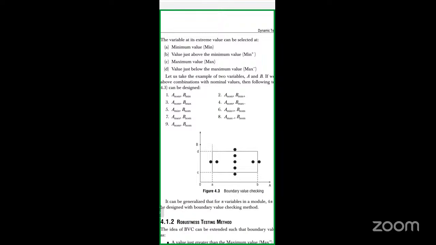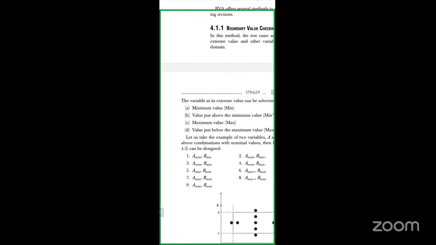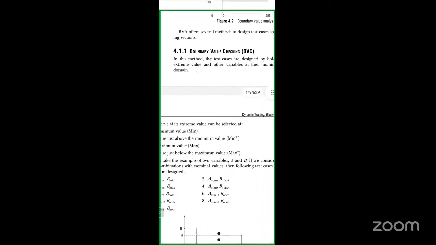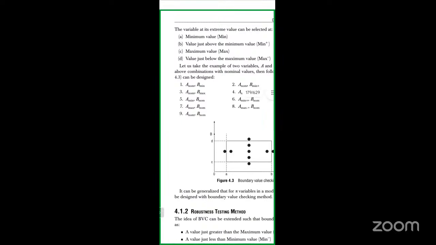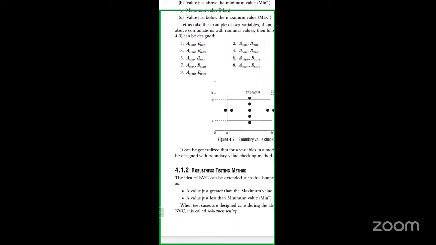On the other edges, that is on a and b also, we have the boundary values and adjacent values to those boundary values as well. So in boundary value checking, we fix the boundaries and check the outcomes, that is, what inputs we have provided and how we are getting those outputs.